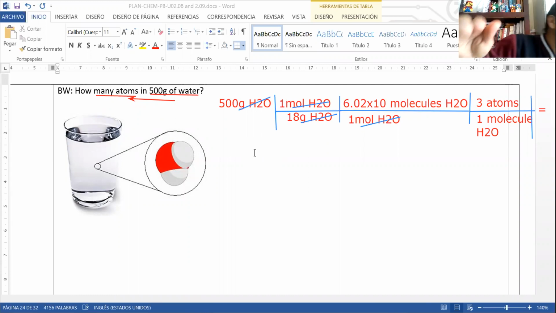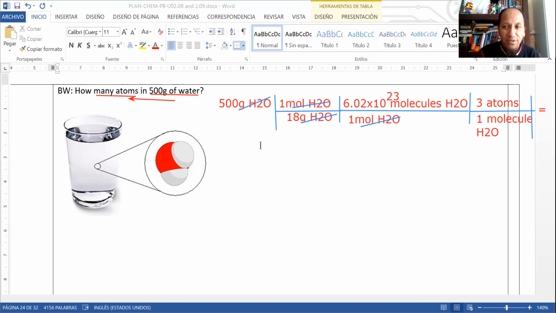Then you insert those values into the calculator. You type as follows. Remember, conversion factors are fractions. So you write 500 times 6.02 times 10 to the 23, I'm sorry, I forgot to put that, times 3, and all of that divided by 18.